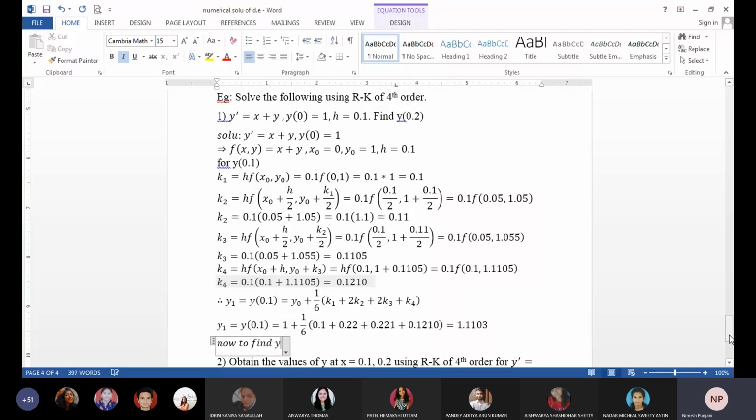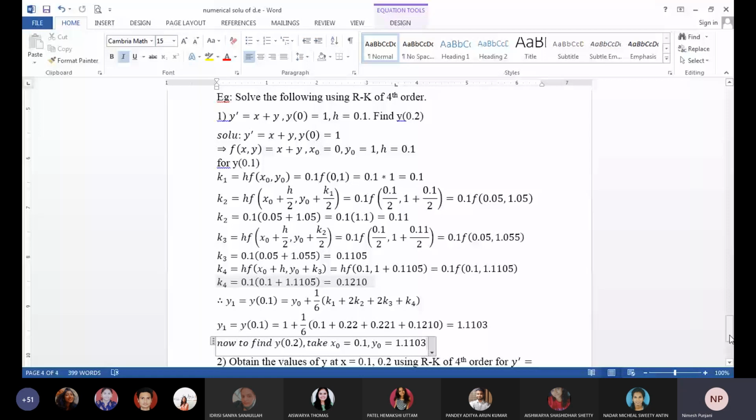Now to find y of 0.2, take x0 equals 0.1. That means, as I said, put the value of x1 in x0, put the value of y1 in y0. So to find y of 0.2, take x0 as 0.1 and y0 as 1.1103.